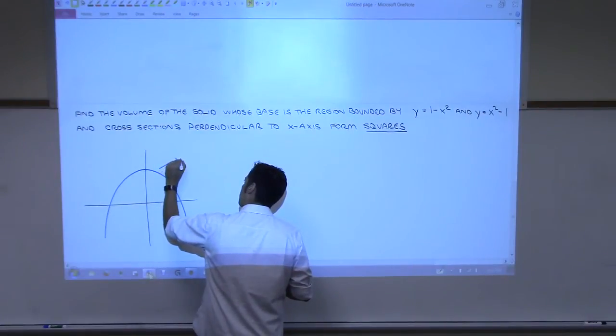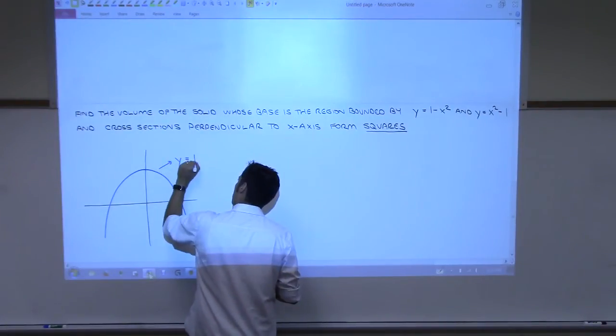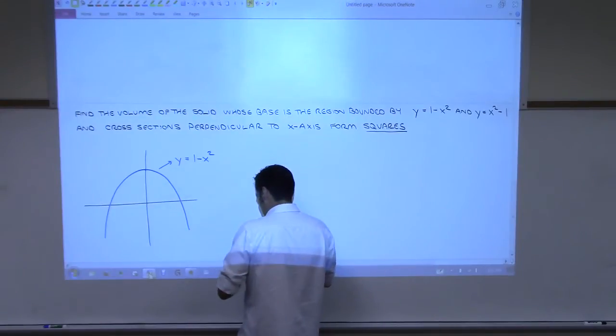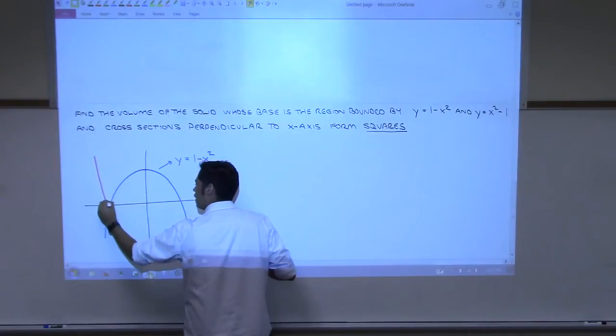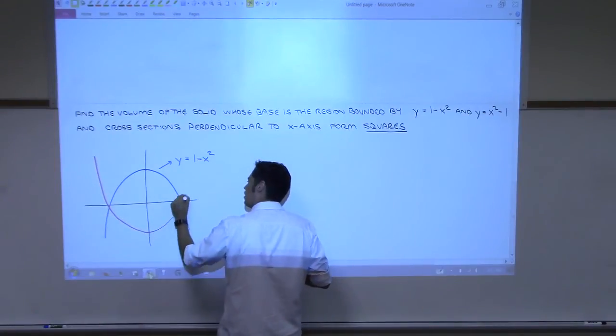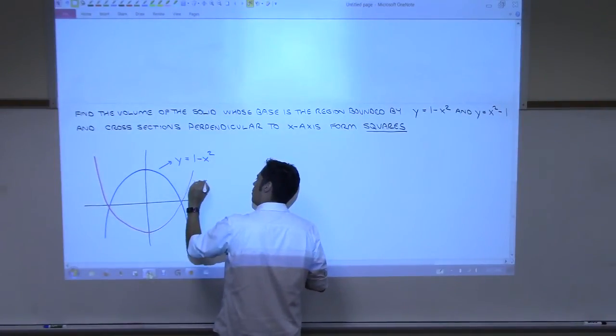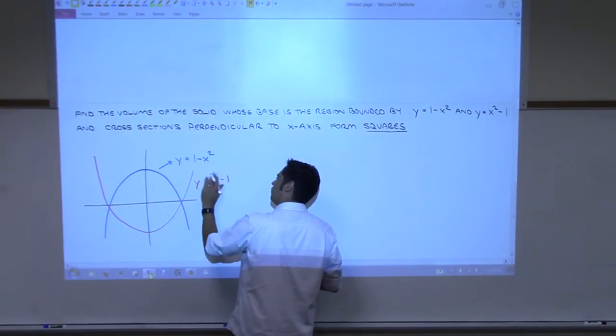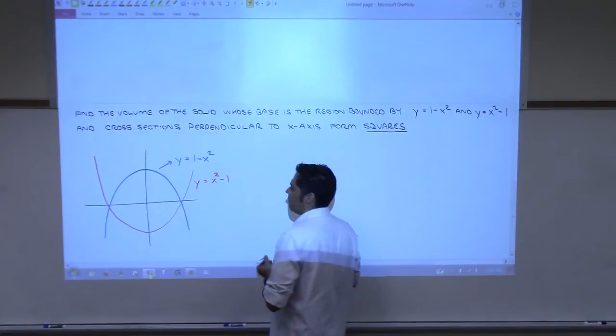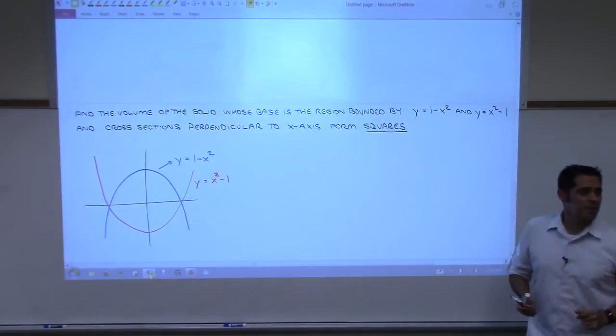This is y equals 1 minus x squared. And then the other one is the parabola that opens up, comes something like this. This one is y equals x squared minus 1. So that's the base of the solid, right?